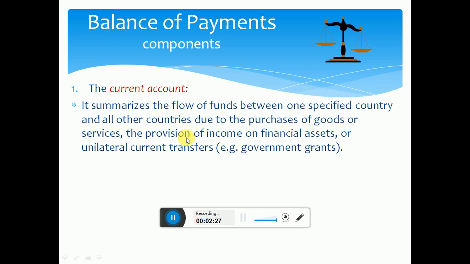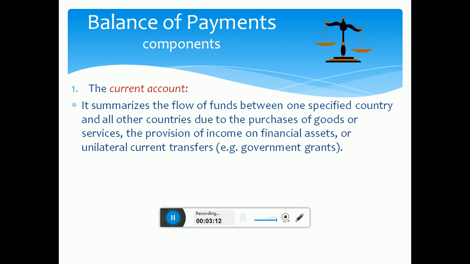The second thing, the provision of income on financial assets. What does it mean? Sometimes we call it portfolio investment. Sometimes Afghani people are investing money in the stock exchanges or in the financial markets of foreign countries. So suppose a person from Afghanistan invests money and purchases bonds and shares in the New York Stock Exchange.